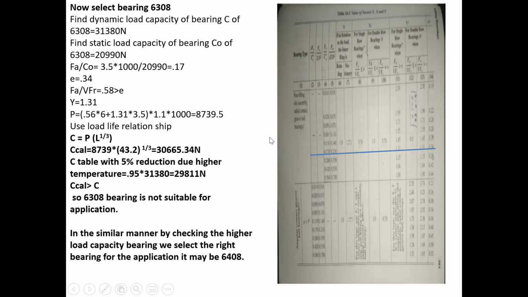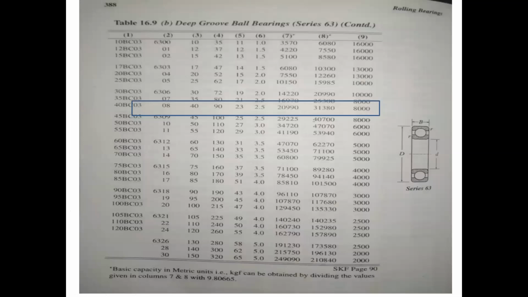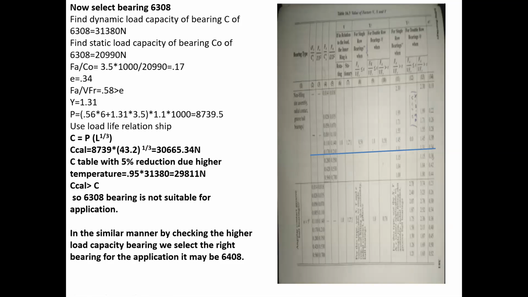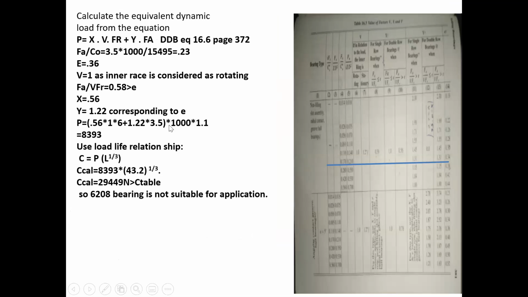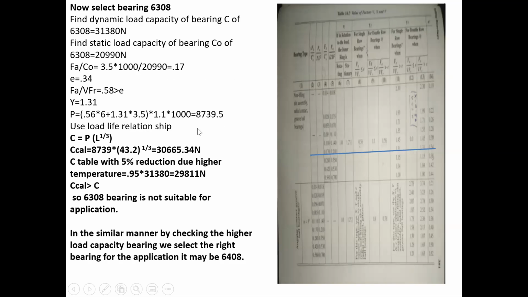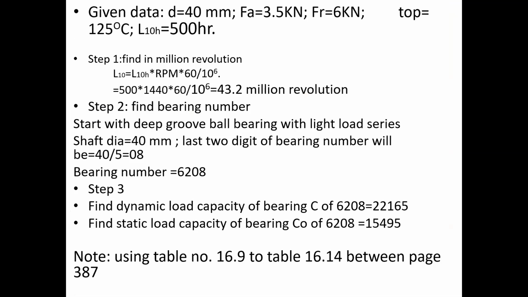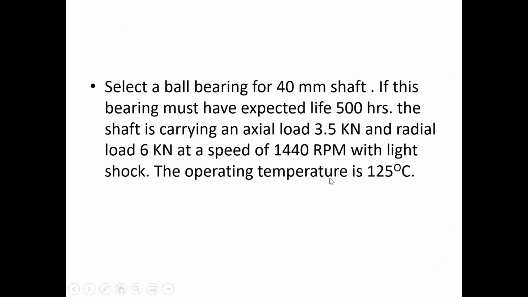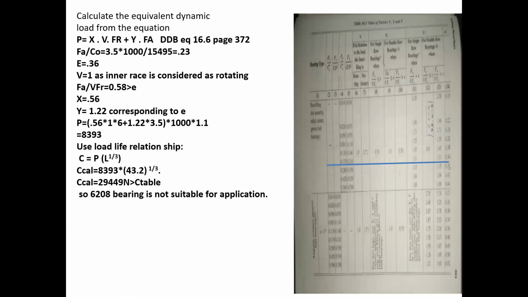Okay. So by again using the equivalent dynamic load formula, we will find out the value of this equivalent load. Mind it, we have to multiply it with 1.1 like we have multiplied in the previous question, by considering the light shock load, because it is given in the problem that the condition of the shock is light shock, and with light shock the service factor is 1.1.